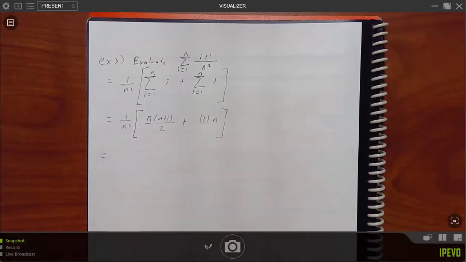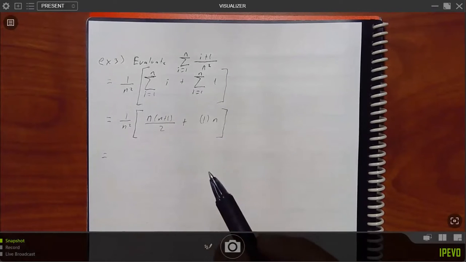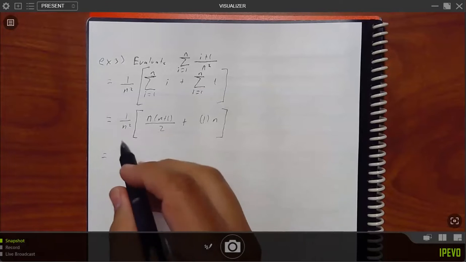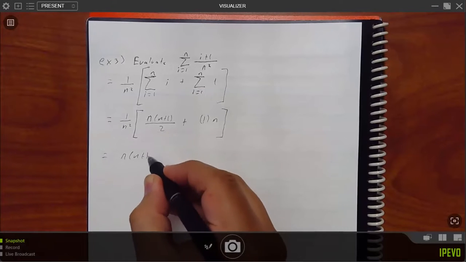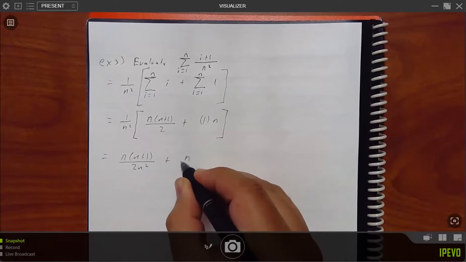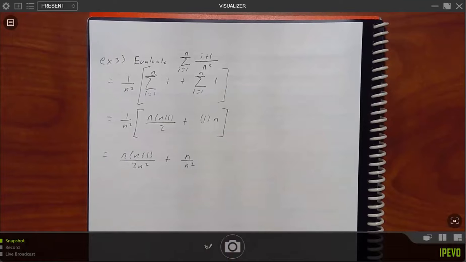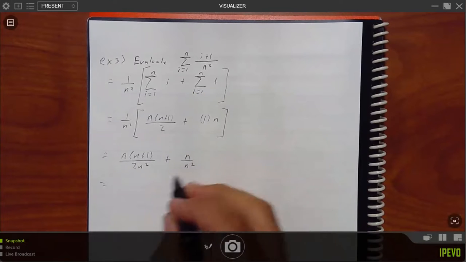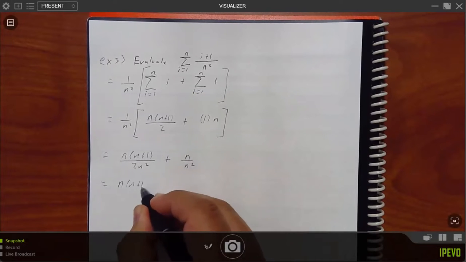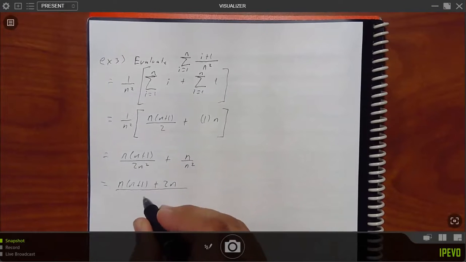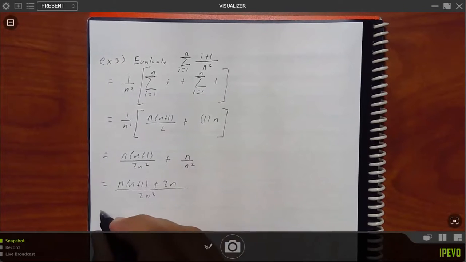So now we're pretty much done. You can combine these. That'd be n times n plus 1 over 2n squared plus n over n squared. I went ahead and brought the n squared back in. Now add these fractions. This needs a 2, so that'll be n times n plus 1 plus 2n over 2n squared.